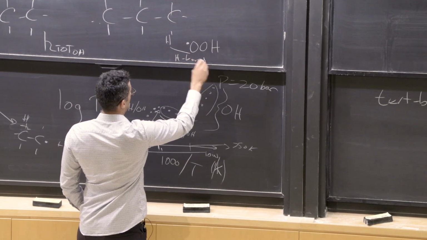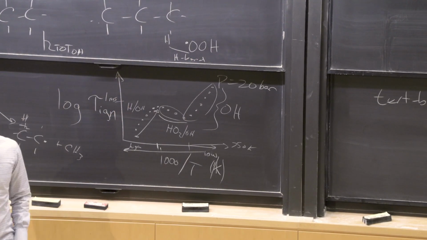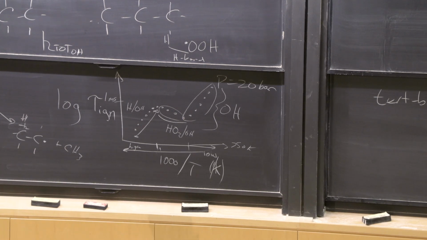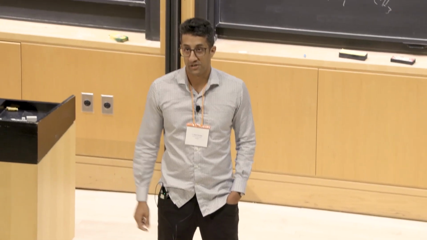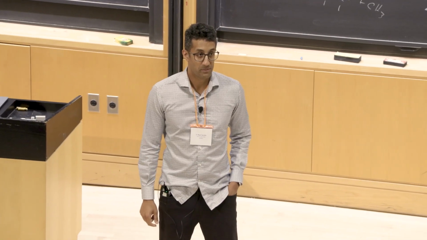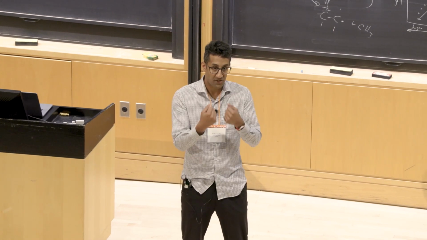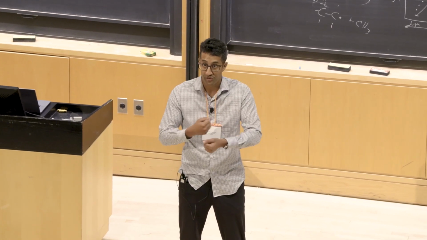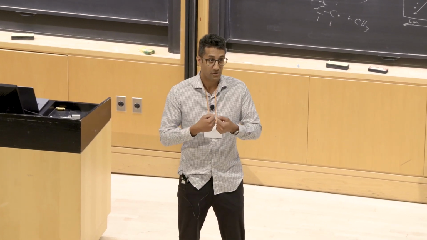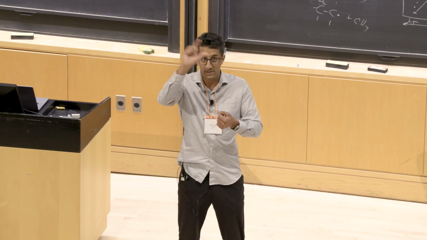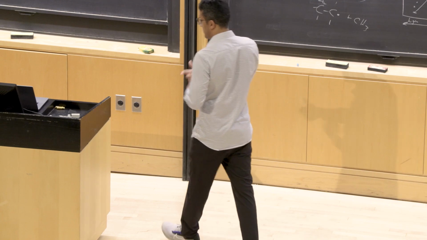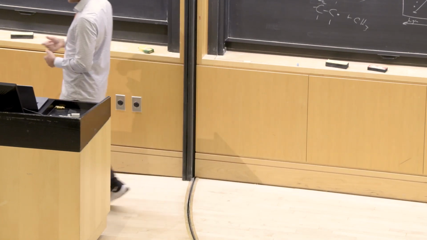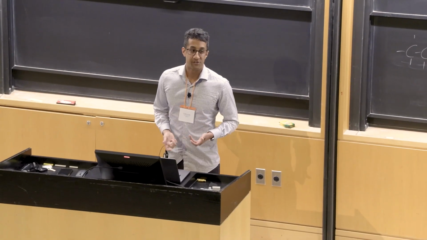And the transition state for abstraction of a hydrogen using HO2 from a fuel molecule has a hydrogen-bonded transition state. And this is very difficult to calculate from a quantum chemistry perspective because hydrogen bonds are kind of like van der Waals forces. They're very weak bonds. So when you look at the transition state, it's very difficult to identify how that bond really happens. And that's why different people will try different methods, theoretical tools, and they come up with different answers.